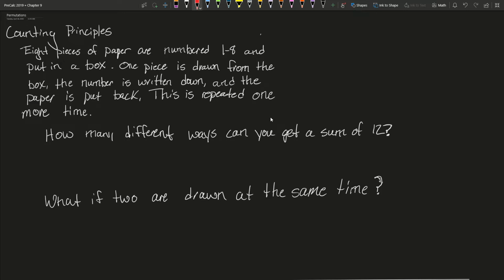The easiest way to do that is to just list the ways. We need numbers that add up to 12 from 1 to 8. The first pair that comes to mind for me is 4 and 8.